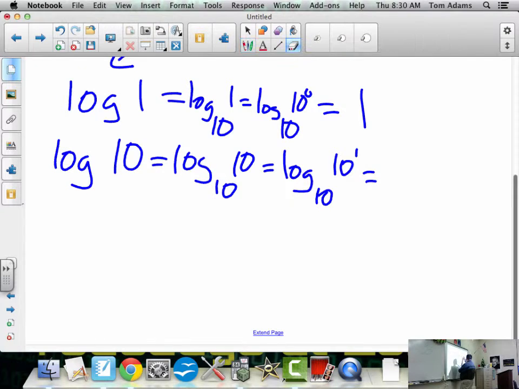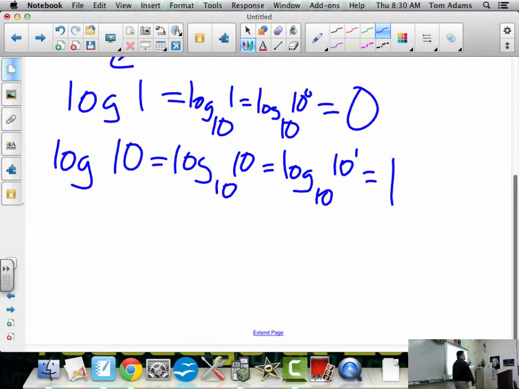Why did I write 1 there? Somebody said 1. This should be 0. This should be 1. I'm looking at my notes in the book and I'm making a mistake. So the first one should be 0. Did I say 1 or did I say 0? Right? I said 0, but I wrote down 1. Okay. All right. Is that right? Yeah. You sure? Okay. All right, so let's do the next one. You can help me with the next one, okay?